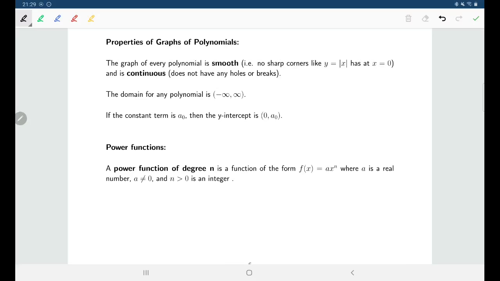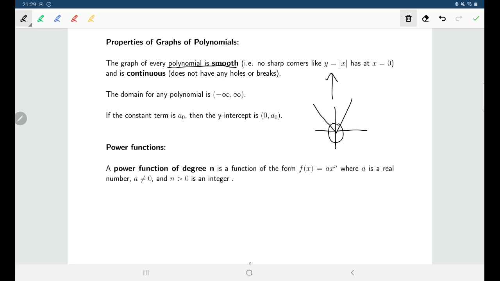One of the nice properties of polynomial functions is that their graphs are all kind of similar in a sense. Every polynomial function has a graph that is smooth, with no sharp corners like we might have in the absolute value function, where there's a sharp corner at x equal to 0.